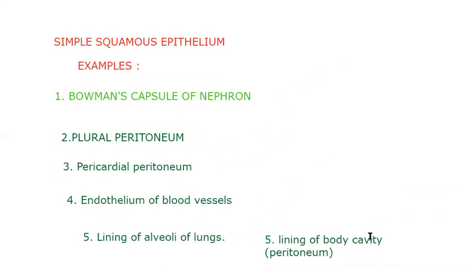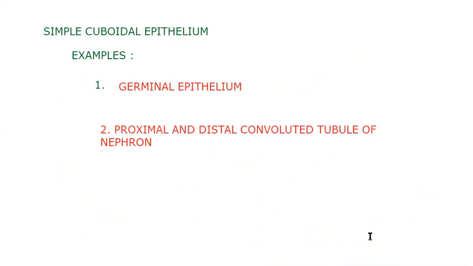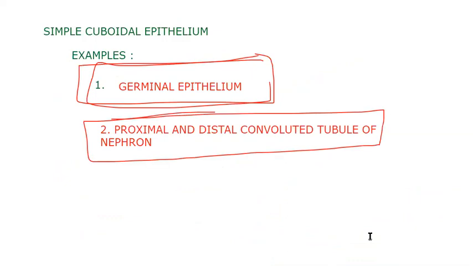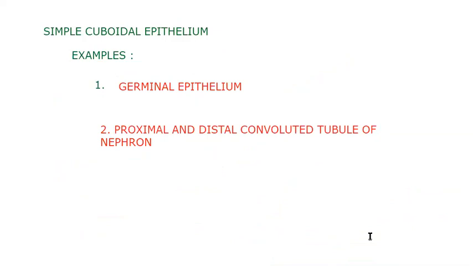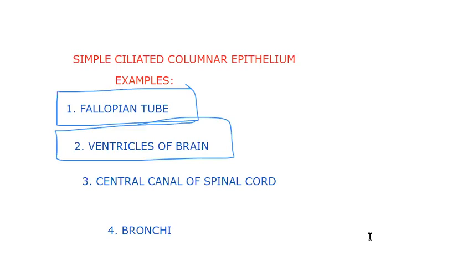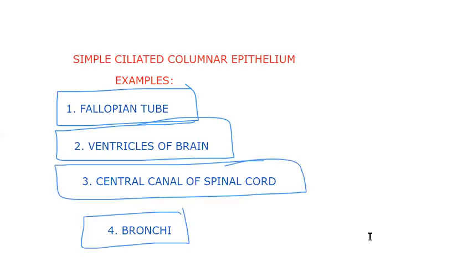Next, simple cuboidal epithelium: germinal epithelium, particularly of the ovary, and proximal and distal convoluted tubule of nephron are examples for simple cuboidal epithelium. Next, simple ciliated columnar epithelium: fallopian tube, ventricles of brain, central canal of the spinal cord, and bronchi are the examples.